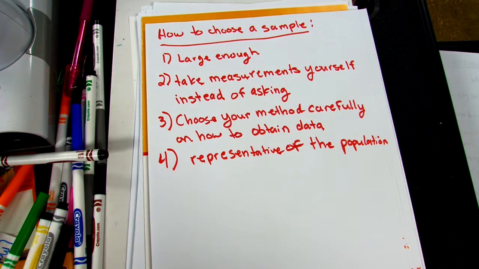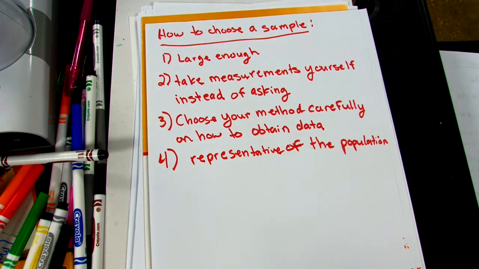Like if you're trying to get the average height of the 7th grade class, you're not going to go to the tallest person and say, you're my sample, you're going to represent the 7th grade class on their average height, when you know that they're the tallest person in 7th grade. That's not a good representation of the population. You want to get an average sample. Okay.